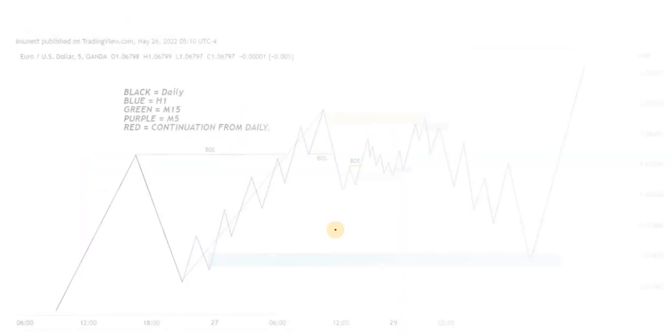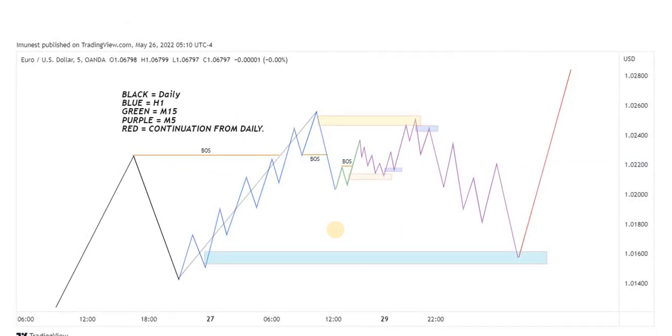Then this is simply to throw more light on what we have discussed. Now the black is the daily time frame, the blue is the 1 hour time frame, the green is the M15 time frame, the 15 minutes time frame, while the purple is the 5 minutes time frame, the red is the continuation from the daily demand zone.